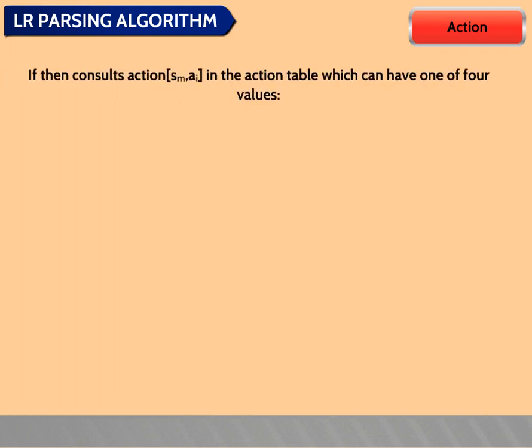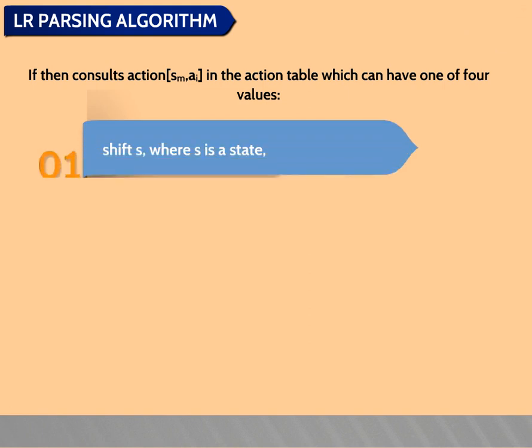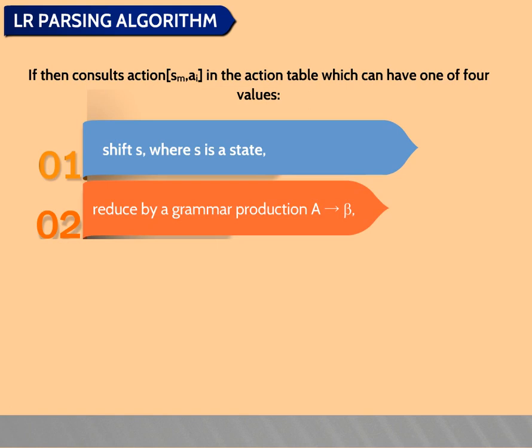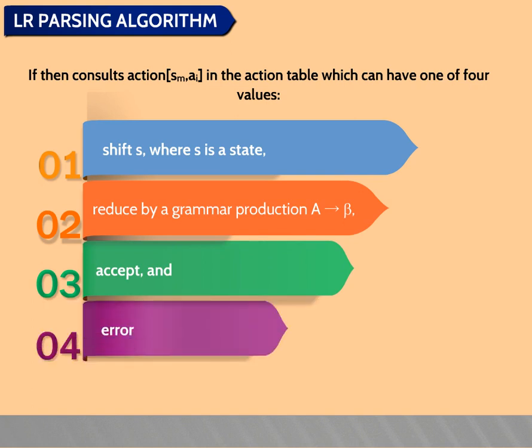It then consults action[Sm, ai] in the action table, which can have one of four values: shift S, where S is a state; reduce by a grammar production A → beta; accept; and error.